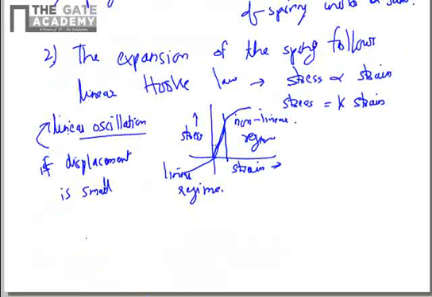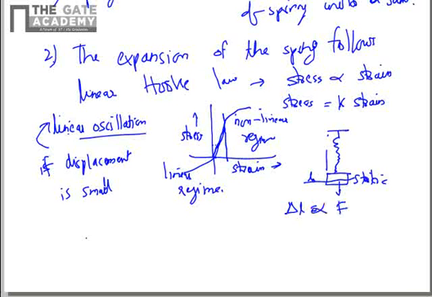So for the spring, what does it mean? For the spring, you have a static equilibrium position, and there is some initial extension in the spring, let's say L0. So this is the static position. If you are pulling the spring, then the increase in length of the spring is proportional to the additional force applied.